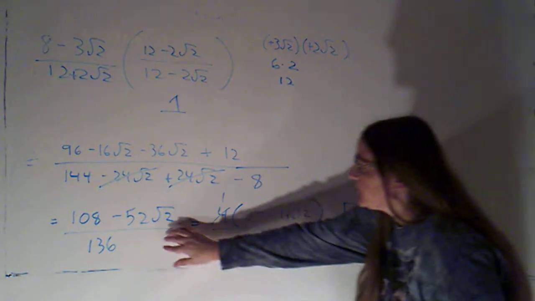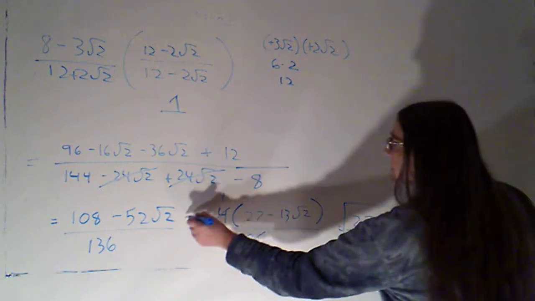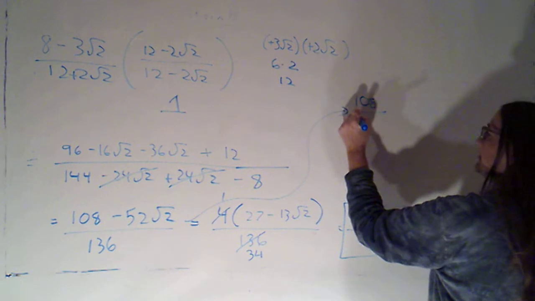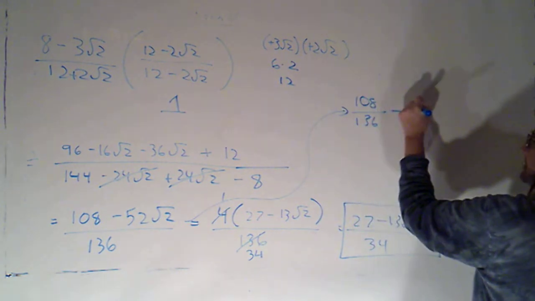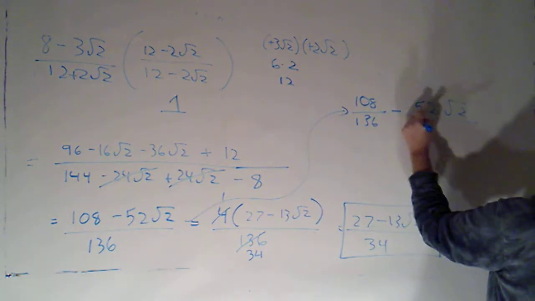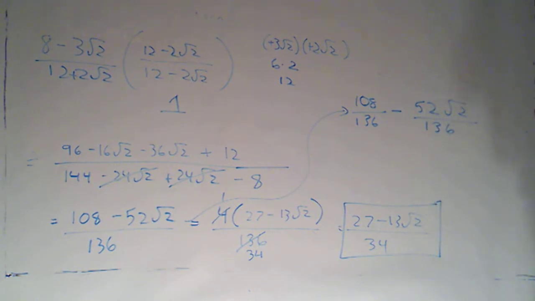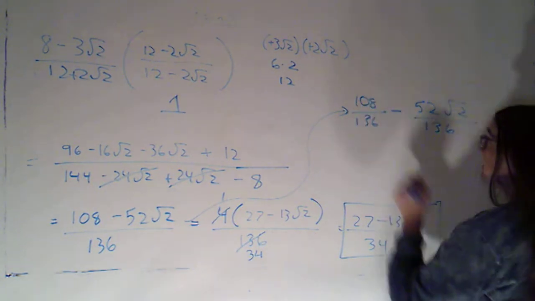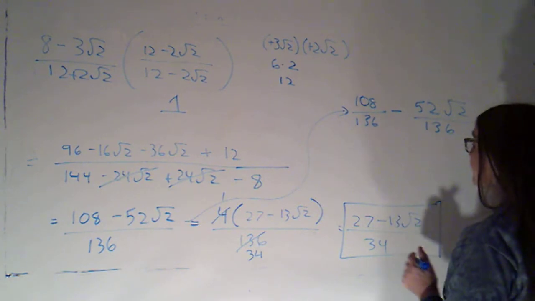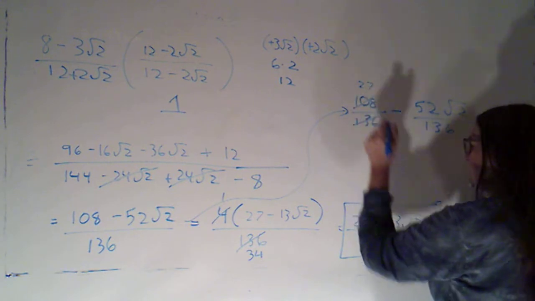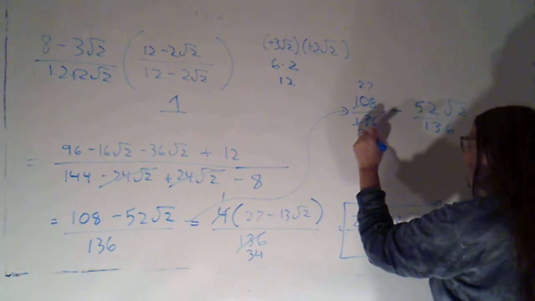If you prefer to distribute the division, you could come from here to 108 over 136 minus 52 root 2 over 136. Okay. And so now 4 goes into both the top and the bottom. So 4 goes into 108 27 times and into 136 34 times.